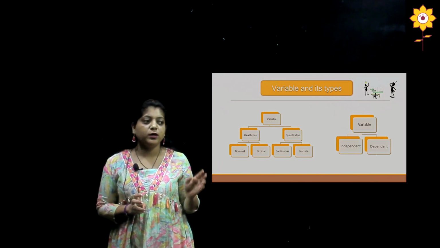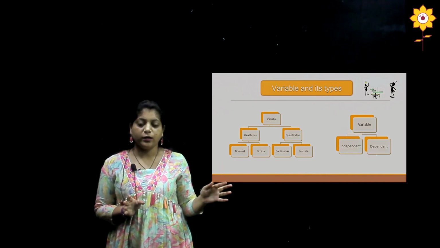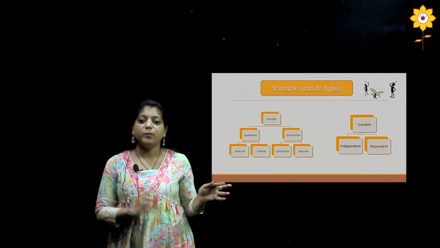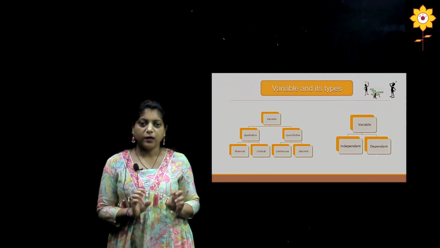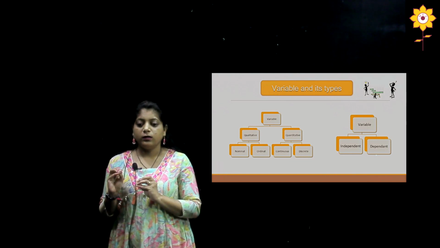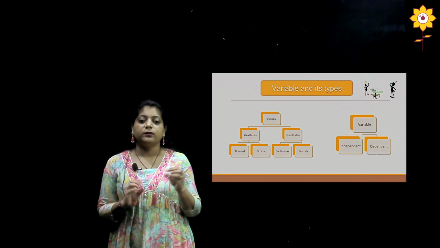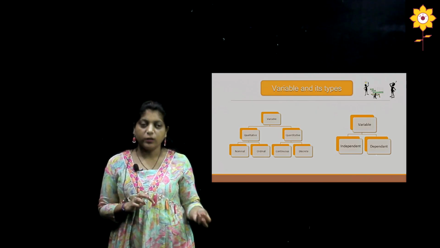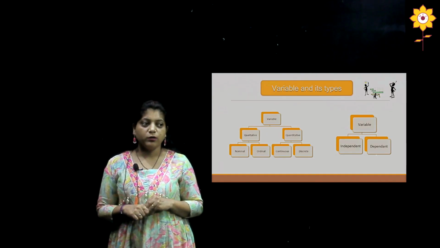That target becomes your dependent variable, and others which are making changes in or affecting your target variable we call the independent variables. For example, if I am saying property prices data, the price value is your dependent variable, whereas the location, the area of your flat, the number of bedrooms, furnished or unfurnished, all these are your independent variables. So this is all about the variables.